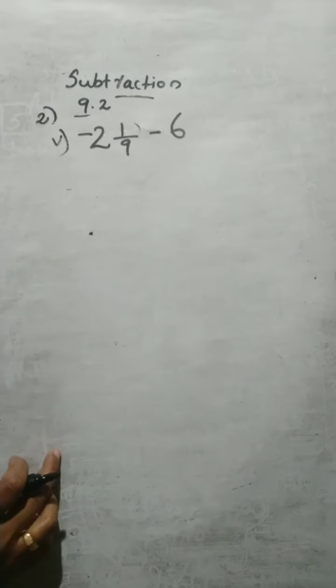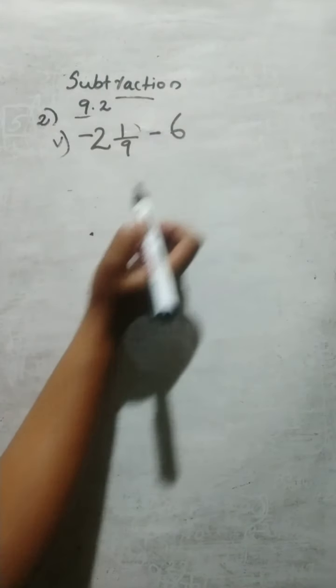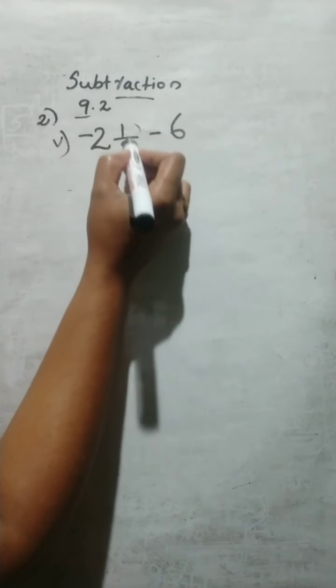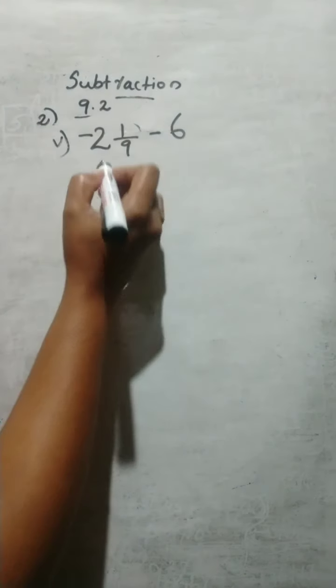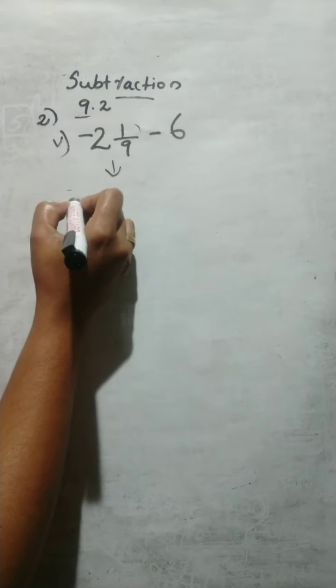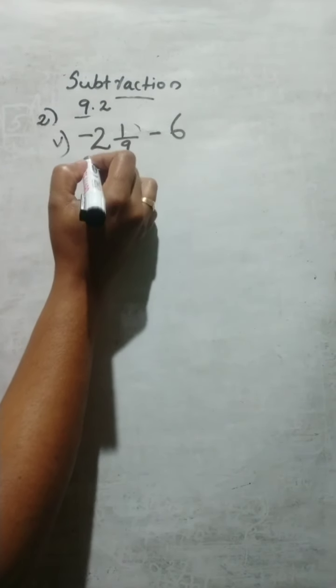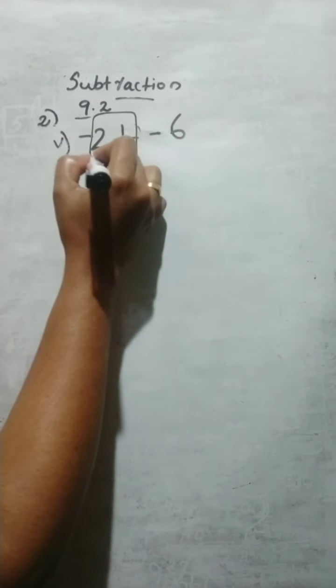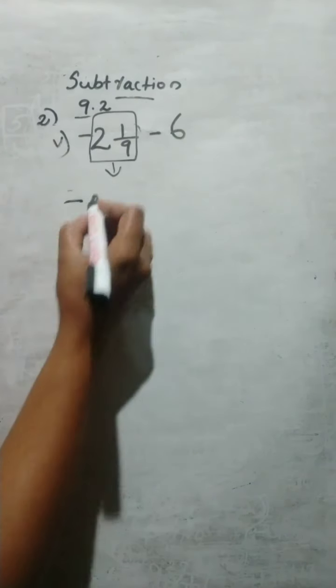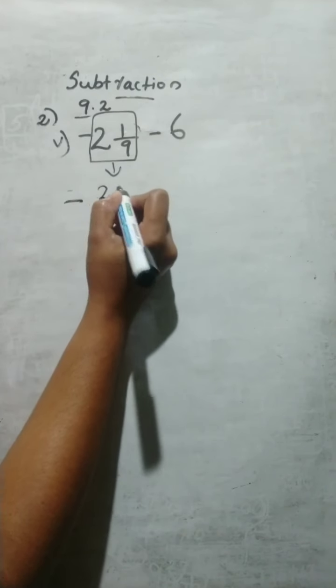Now we can do the fifth question. Negative 2 1 on 9 minus 6. Here negative 2 1 on 9 is a mixed number, so we have to convert this into an improper fraction. We keep the negative here itself, because this negative is for this mixed number. Then think about this mixed number, 2 1 on 9.